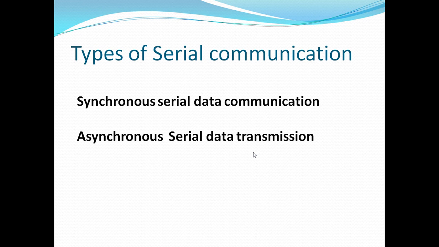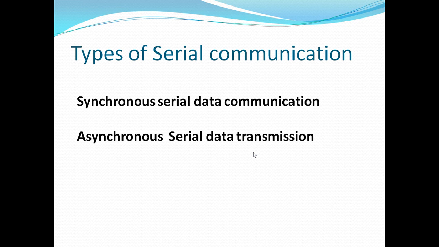Now, as per the clock used or the configuration, there are two types of serial data communication. One is synchronous serial data communication, and second is asynchronous serial data communication or transmission. What is synchronous serial data communication?